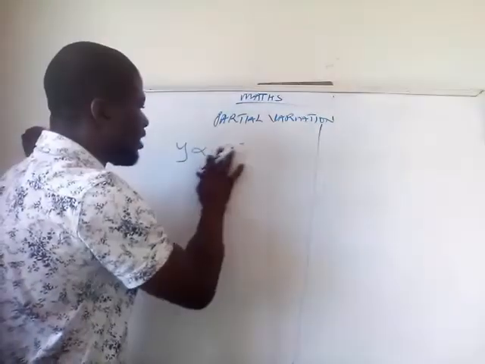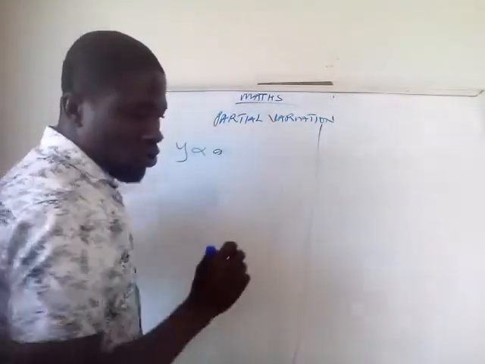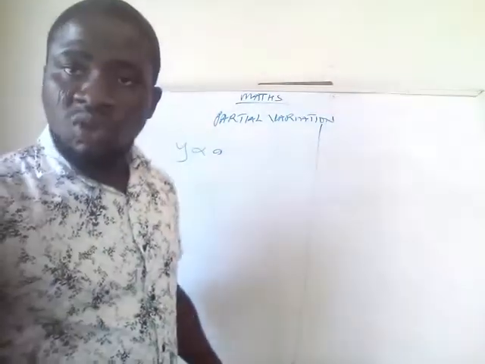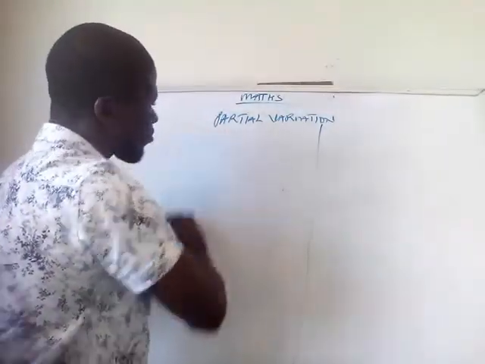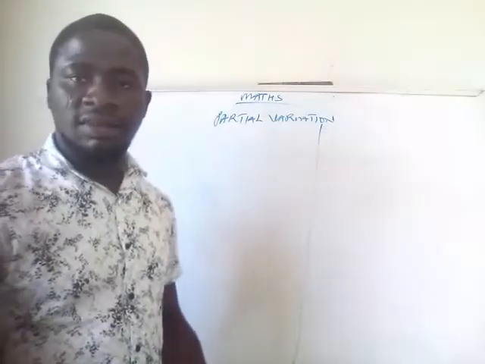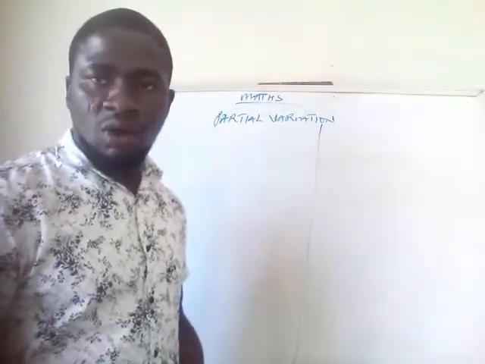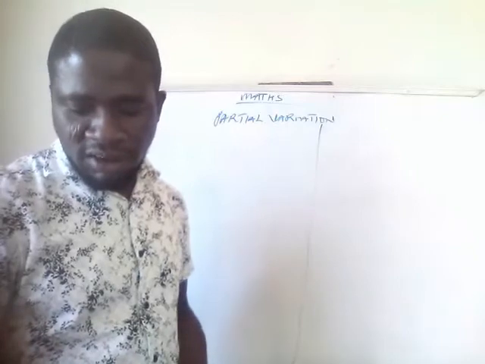But if they say constant, you put in the constant. So let's go to the question. In your Essential Mathematics JS3, I'm taking the second question. Let's solve the second question.